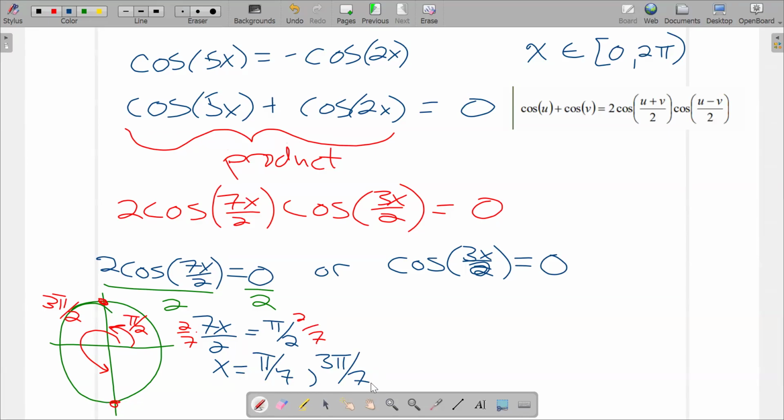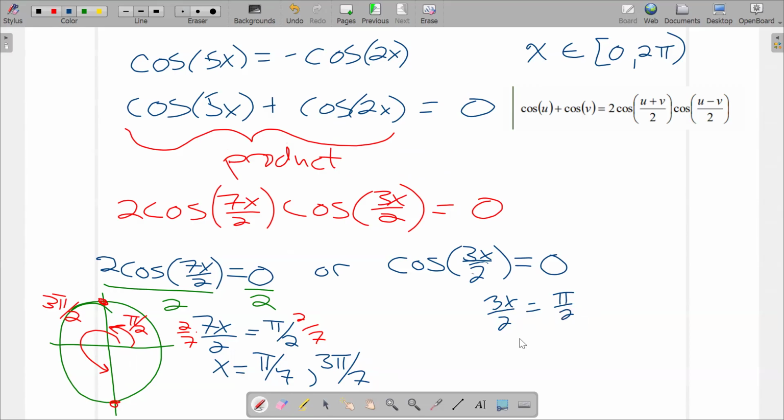Similar for the other one. When is the cosine equal to 0? Well, it's at the same 2 points with the angles pi over 2 and 3 pi over 2. So over here, I'm going to get 3x over 2 equals pi over 2.